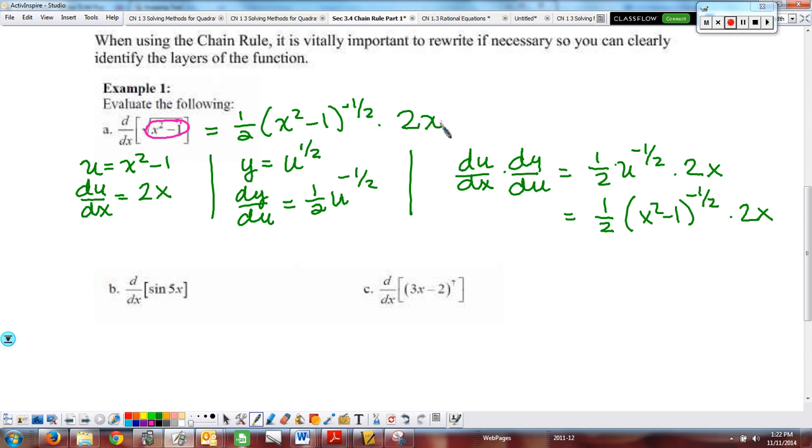Then I just have to remember to take the derivative of the stuff inside. The derivative of u is 2x. You can see what I'm doing over here, but you don't really need to show all of this work. As long as you can in your head say, the inside function is this, here's its rate of change, here's your outside function, here's its rate of change, and then put it back together, you'll be fine.